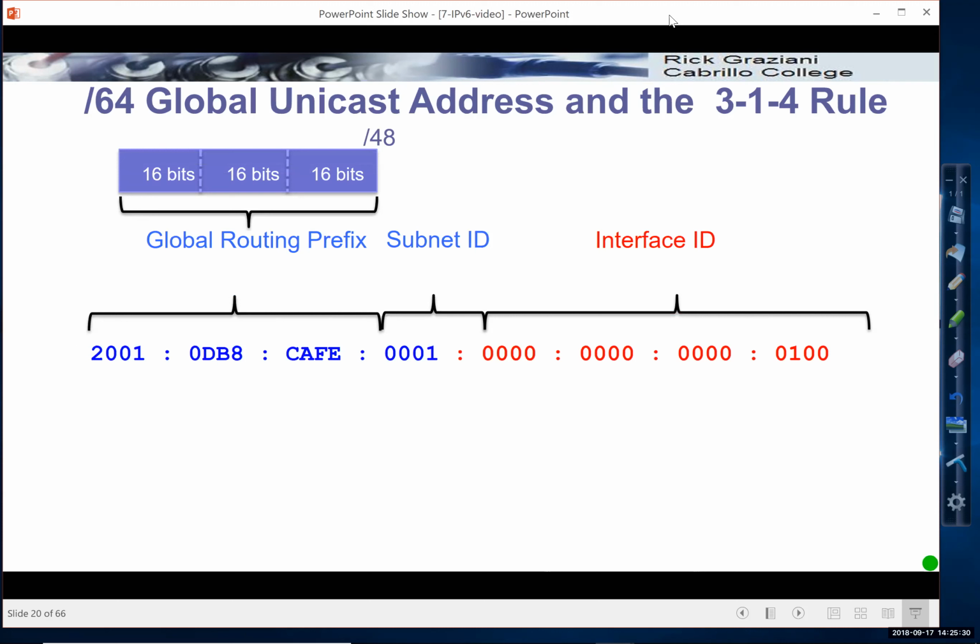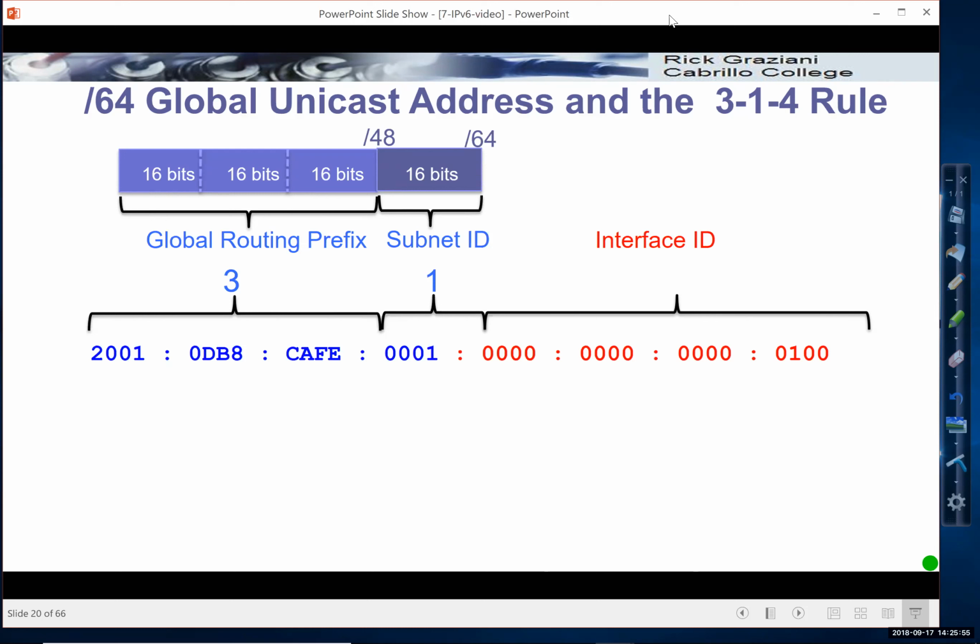I think of it as using, in a /48, the 3-1-4 rule. The first 3 hextets are the global routing prefix. This is how our service provider knows us, the prefix or network address that our provider sees us as. The subnet ID is 1 hextet.